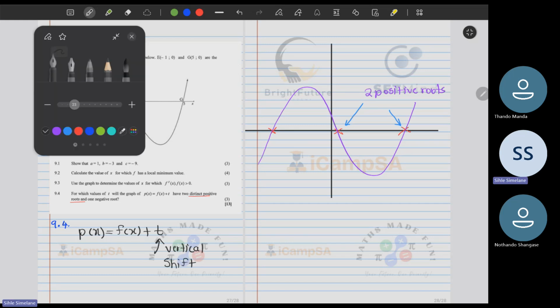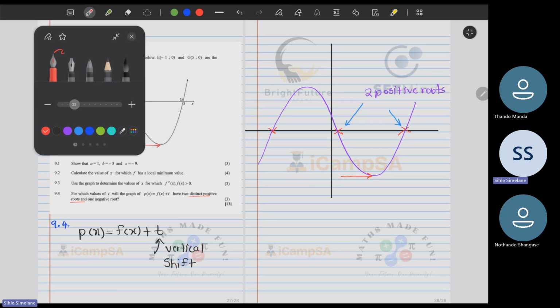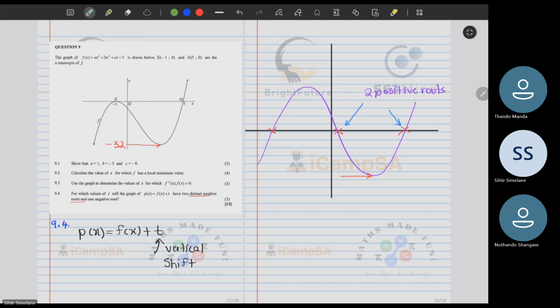And what I need you to remember is that the value that we found here, the y, is at -32. So do you guys see that if we move the graph up by not more than 32, this thing will work?